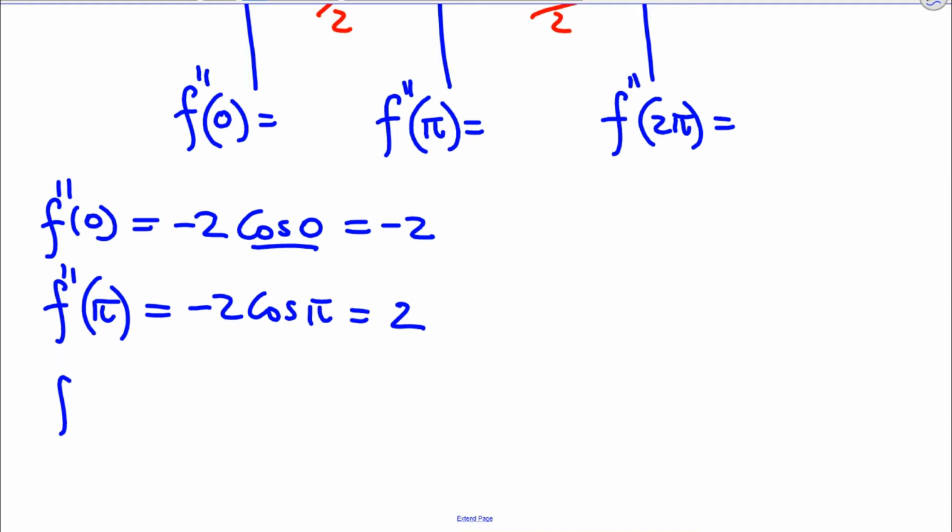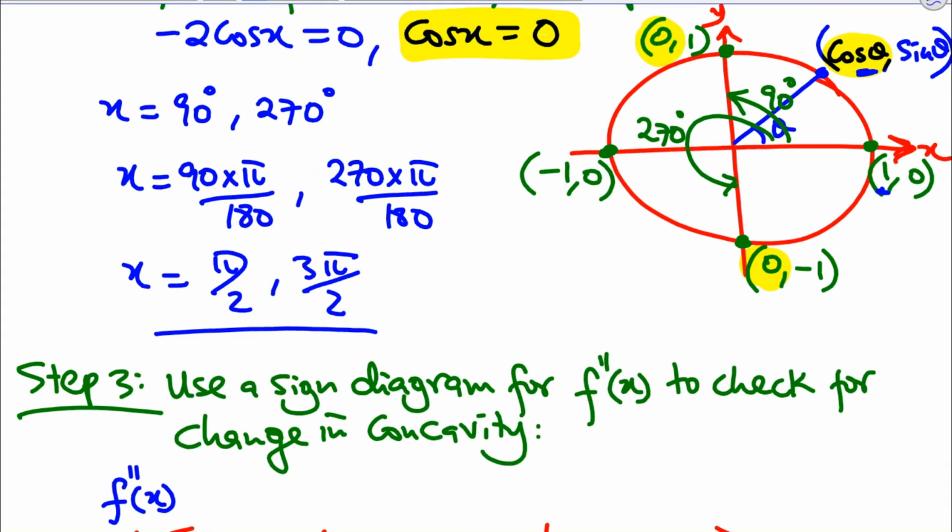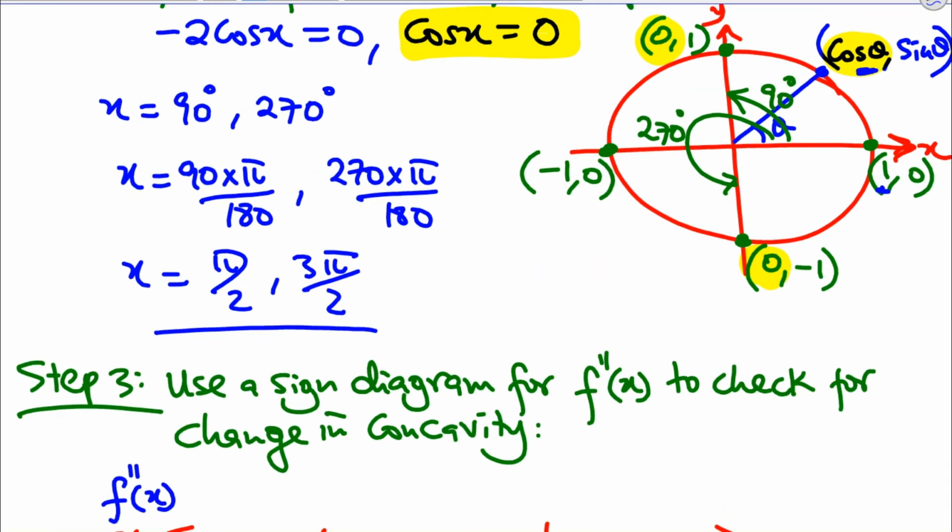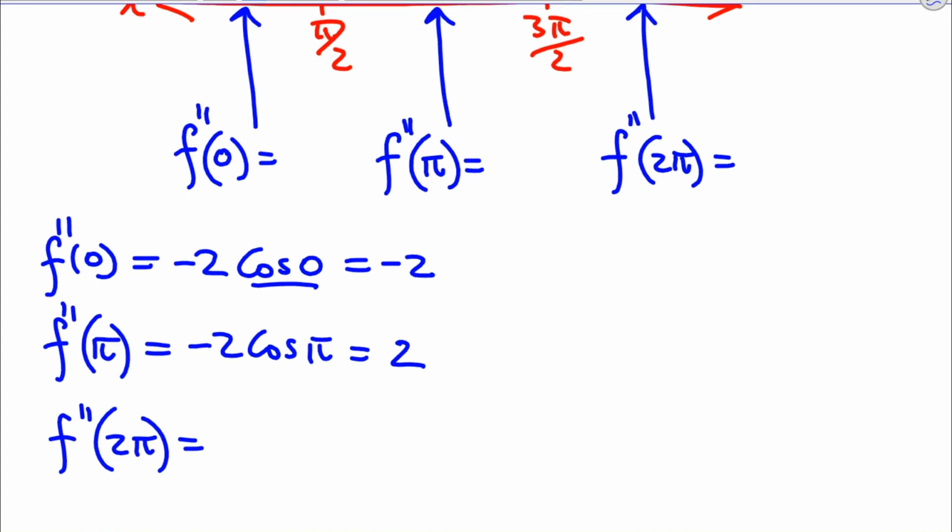And then 2 pi, that will be 360, cos is 1. Again, what we need to do is plug in 1. So negative 2 cos 2 pi will just be negative 2.